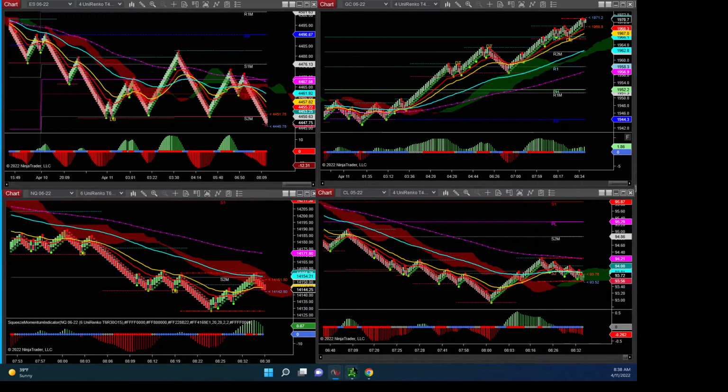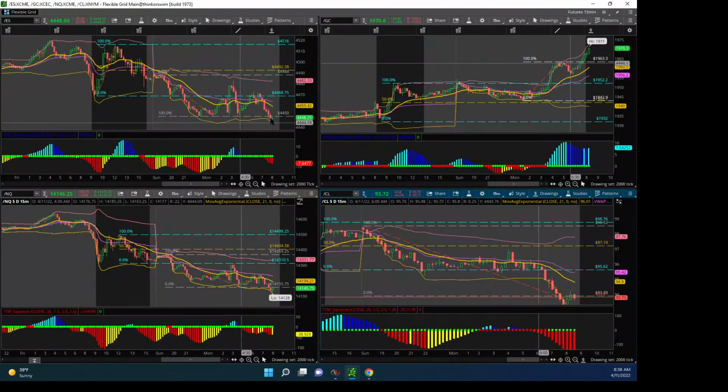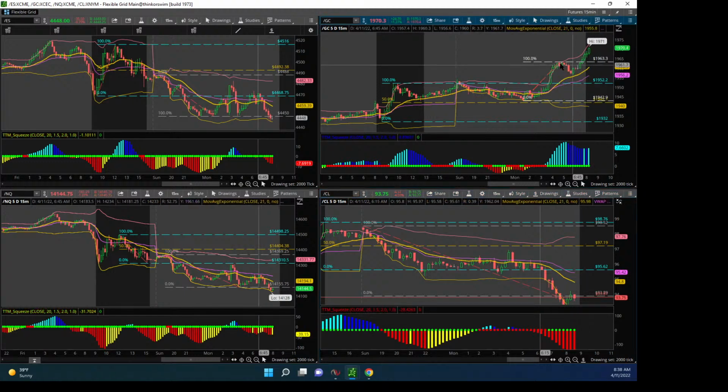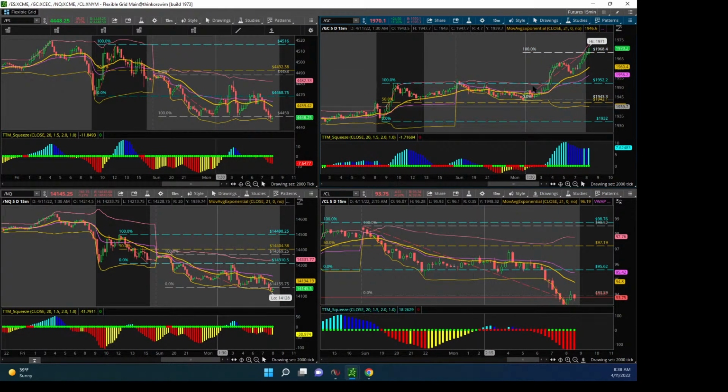Let's see that one in the 15 minutes chart. So see this 15-minute chart in gold made already a move on the overnight, and then there was a break right here.